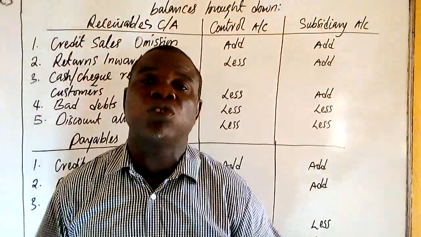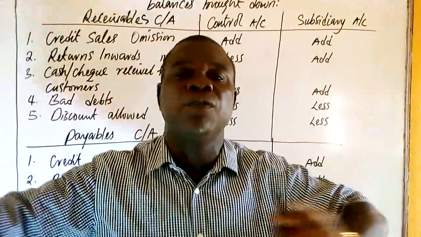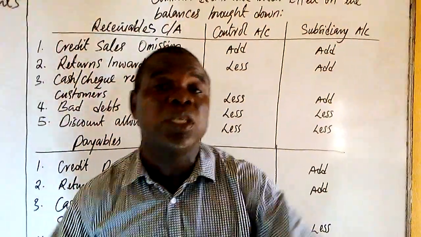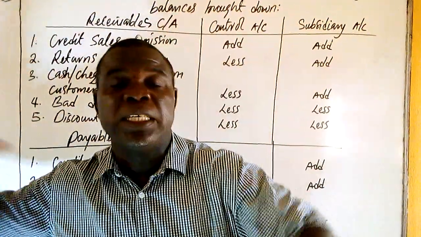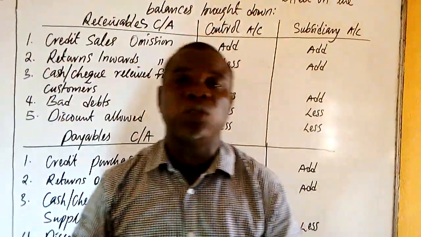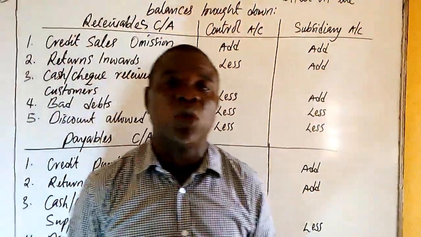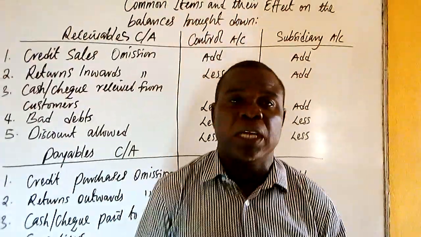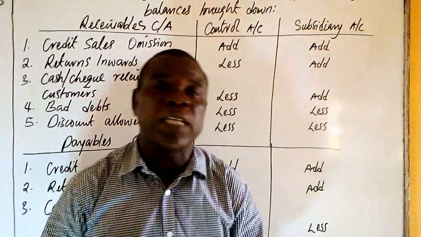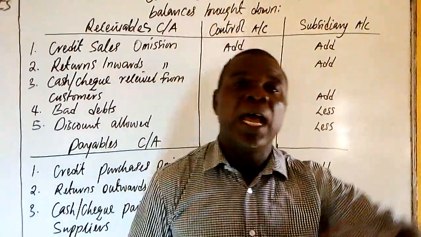At the end of the day, you will discover that if you do the correct subtraction or addition, the two balances in the control and subsidiary accounts agree. I'll just give a very brief illustration, using a single item, to justify what I'm talking about.